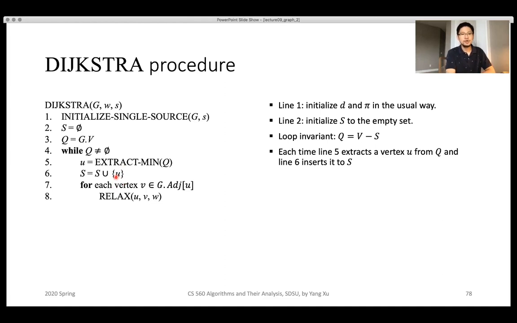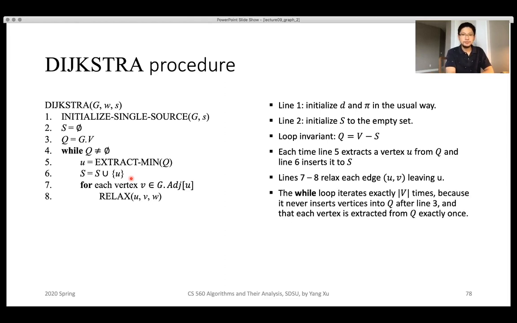Then at lines 7 to 8, we relax all the edges that leave U and lead to V, where V is among the adjacent vertices of U. It's not a super complex algorithm, and it's easy to understand as long as you know the minimum priority queue and its basic operations.